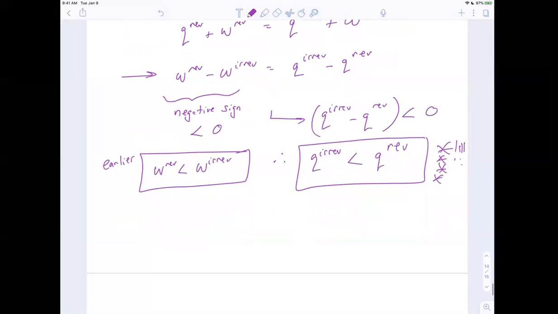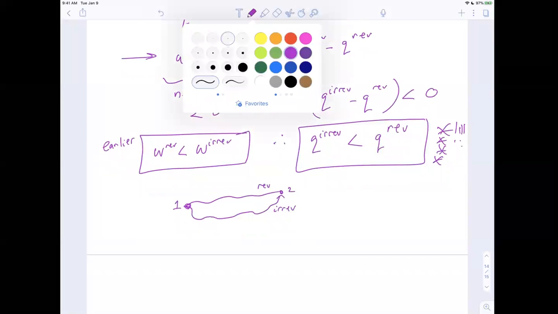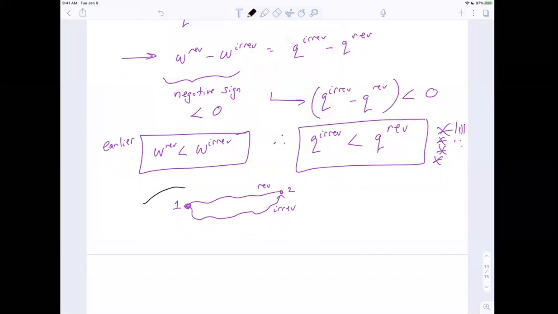Okay. So if we're going from 1 to 2, in any different set of ways, reversible, and let's say irreversible. We can take little steps. We can essentially break these two processes up into little steps.